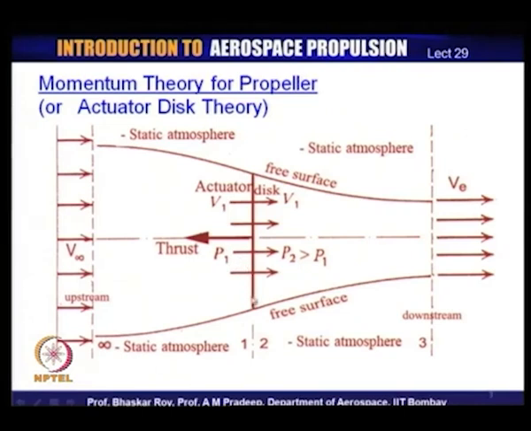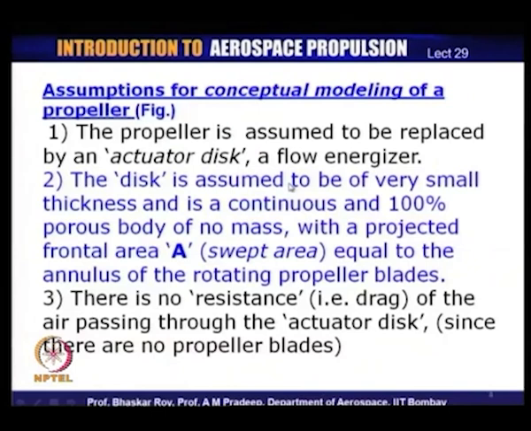Now, a little more about this actuator disc. Let us see a few things that we can write down quite easily. Actually, the propeller is replaced by an actuator disc, and the most important thing is this disc is assumed to be of very small thickness, and it is a continuous and 100% porous body of no mass. So, that is what an assumed actuator disc is.